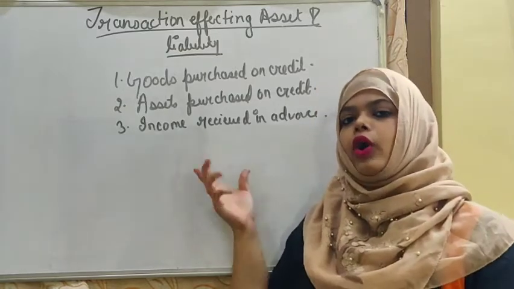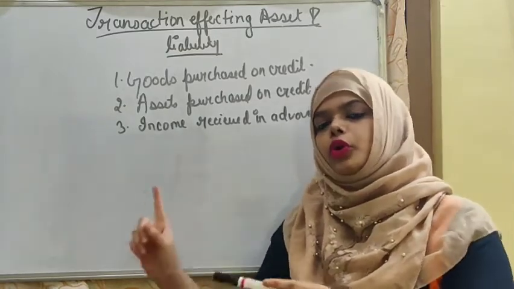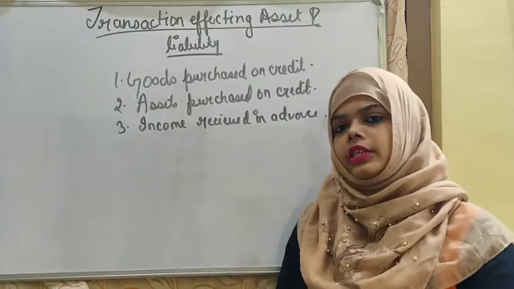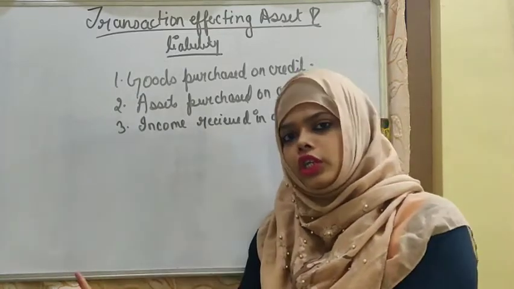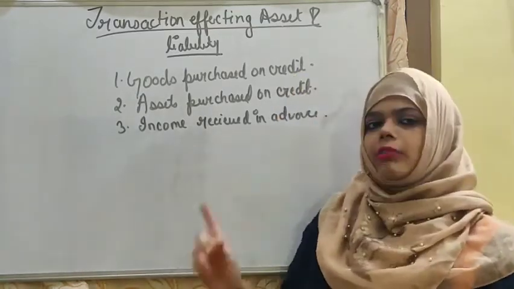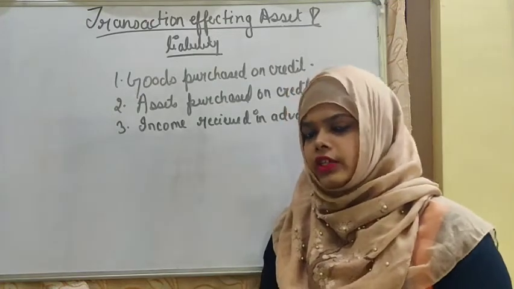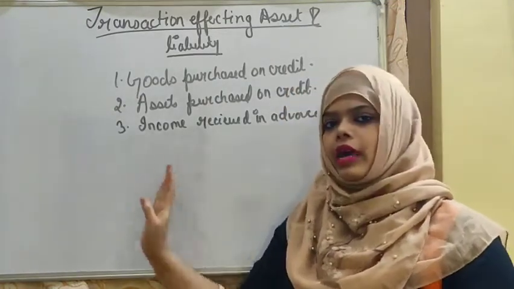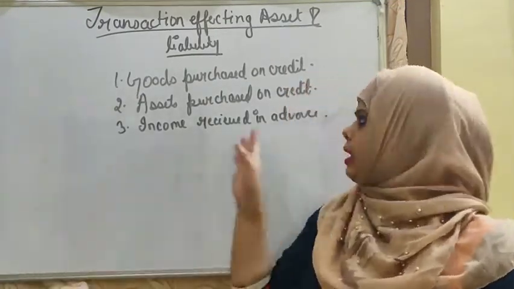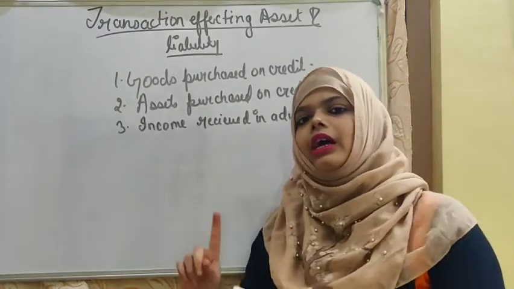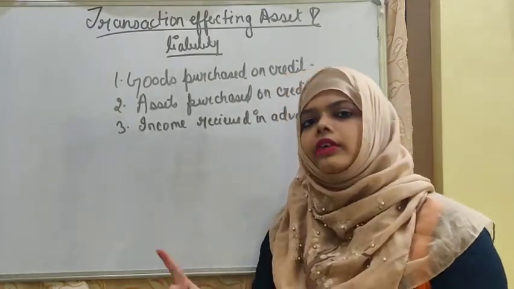We are owing for the future course of time. So that will come under the liability side of the transaction. The income will come on the asset side, but in advance will come on the liability part of the transaction.